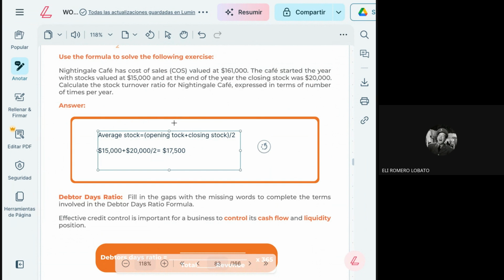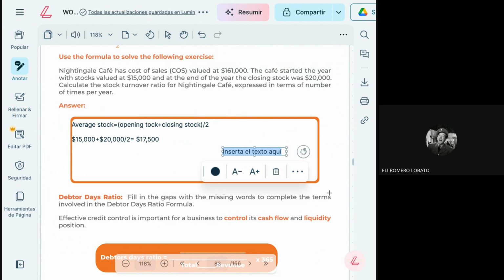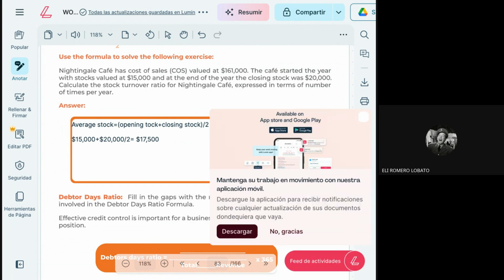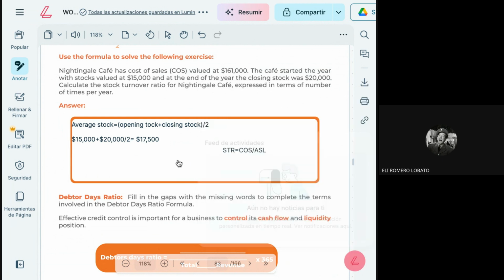That's the first step. Later, we are going to get the stock turnover ratio. Remember the formula. Stock turnover ratio is equal to cost of goods sold over average stock level, the one that I already shared with you.